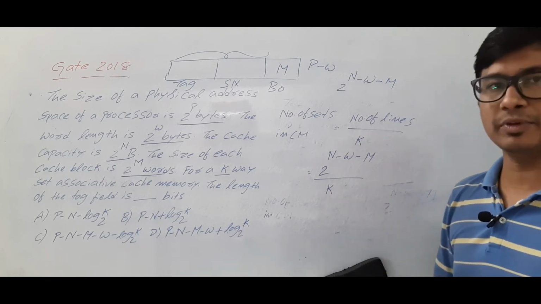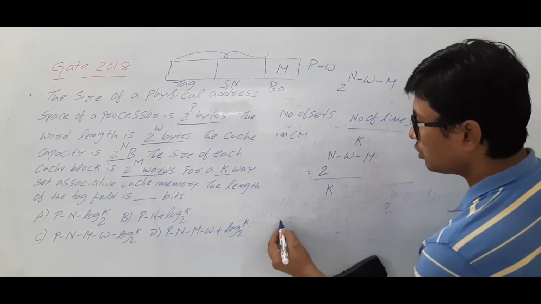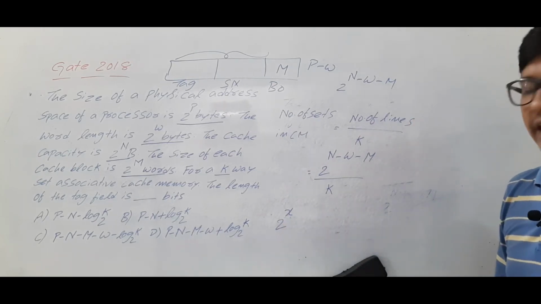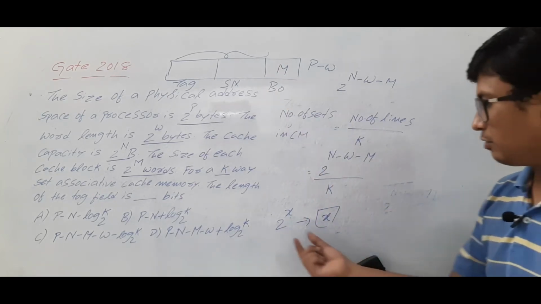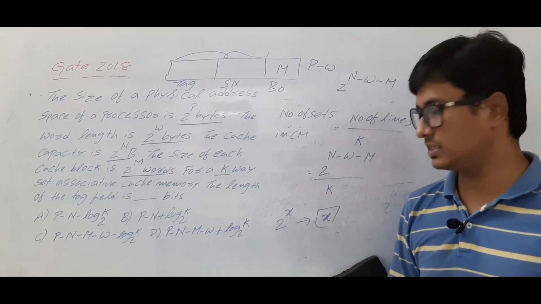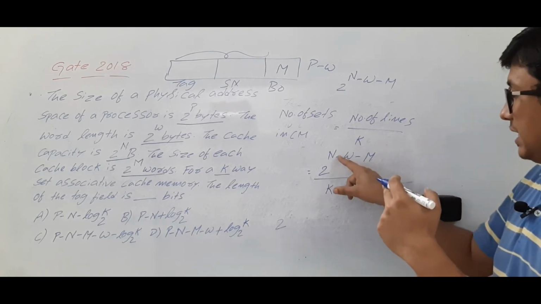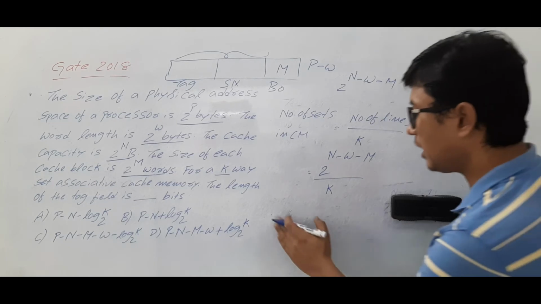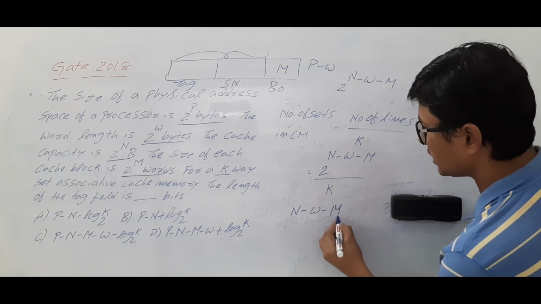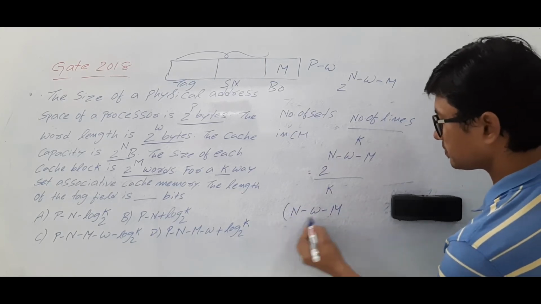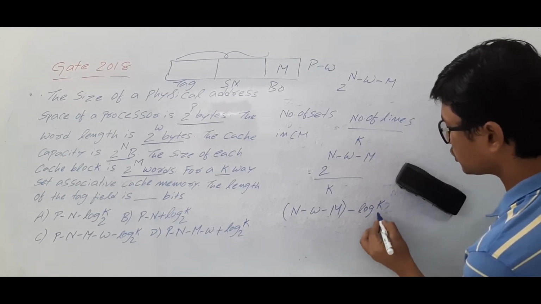If you have these many sets, then how many bits are required? Remember one thing: if you have 2 power x sets in the cache memory, then x bits are needed to recognize one set from the sets. Are you able to understand? If you have 2 power (n minus w minus m by k), then you need n minus w minus m minus log k base 2 bits.